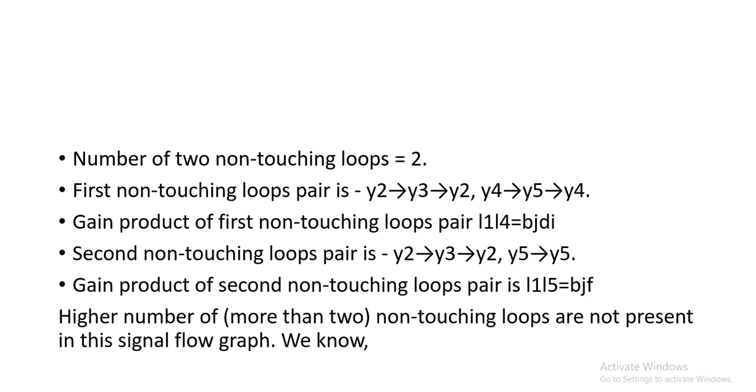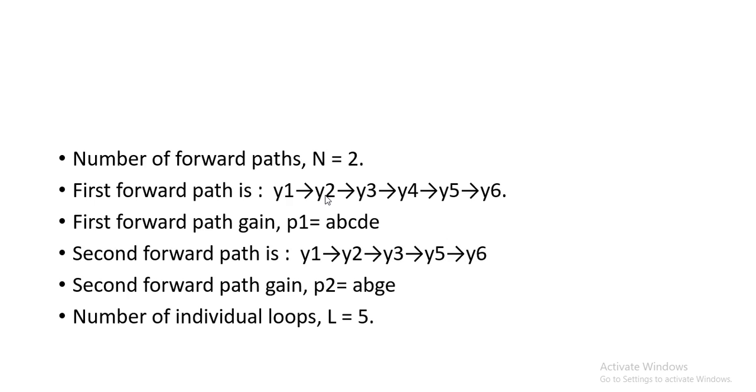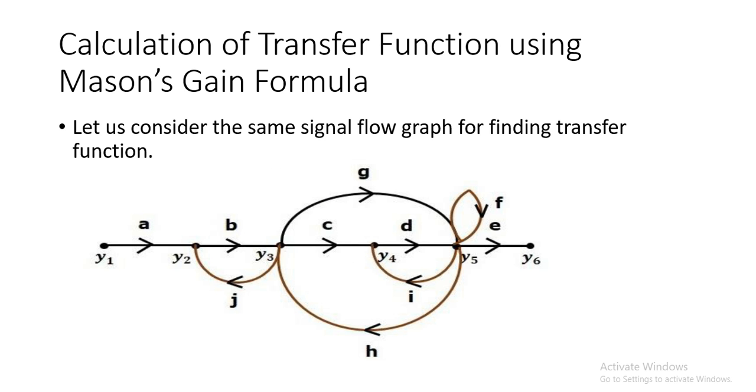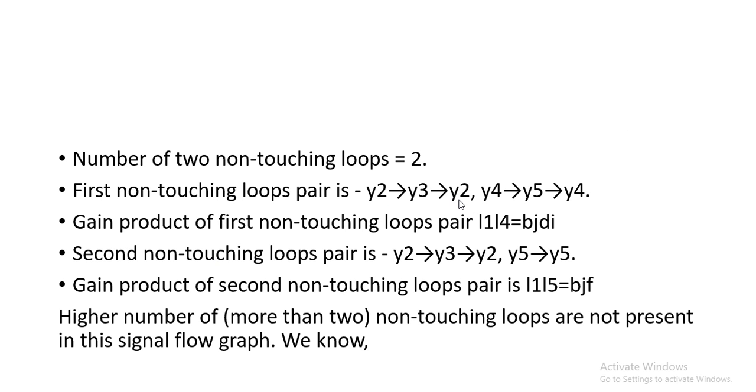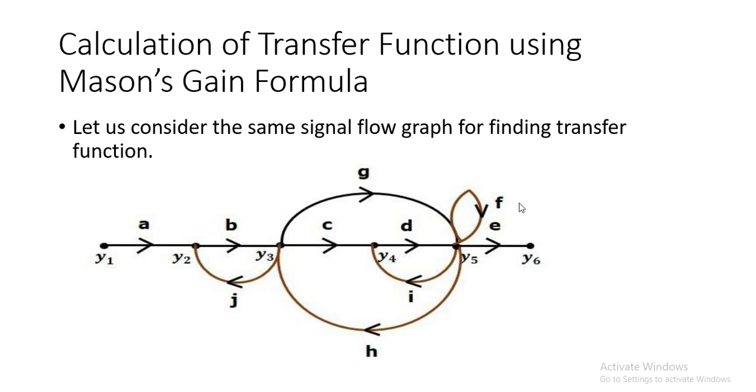Okay, so if you see the number of two non-touching loops, there are two pairs. The first non-touching loop pair is, if you see this diagram again, y2, y3, y2 and y4, y5, y4. See, there are two pairs like this. The first pair is y2, y3, y2 and y4, y5, y4, this one and this loop.